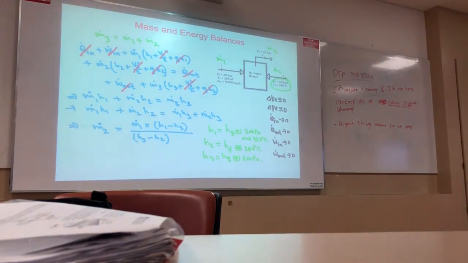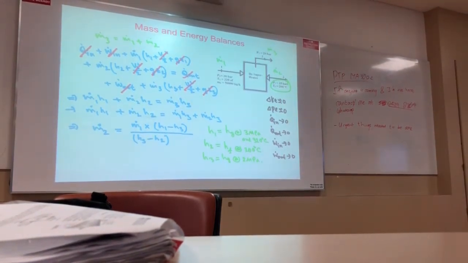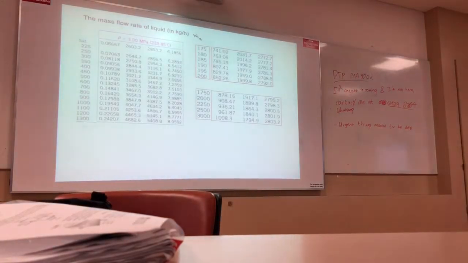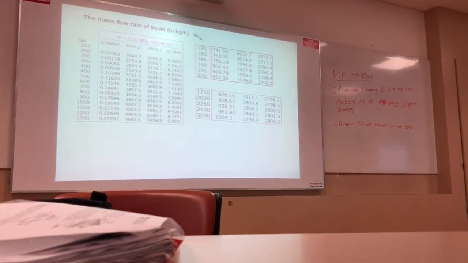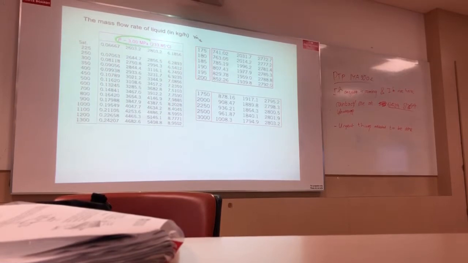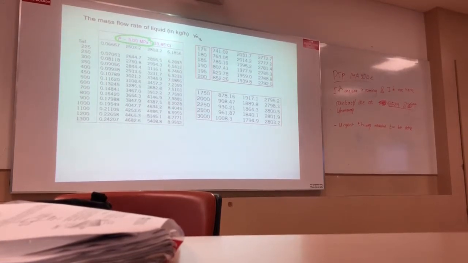So now I am going to show you the table. State 1, 3 megapascal and temperature 320. You do not have that value, right? Then you have to find it by interpolation.